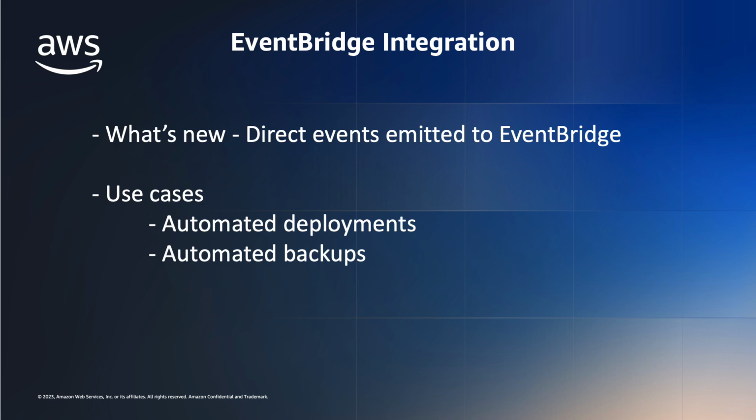There can be a lag in when they show up in EventBridge. So if you want to do something more real time, then these first-hand events emitted by QuickSight to EventBridge help you there. Some of the use cases are automated deployments and automated backups.